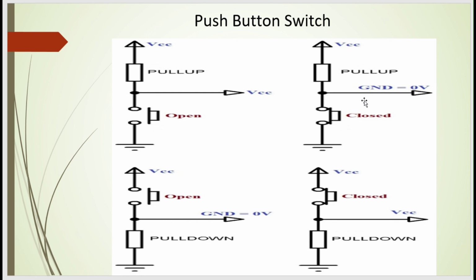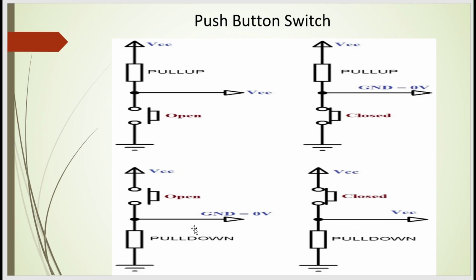Another configuration of the pull up push button is in its closed condition. When it is in closed condition, the output is 0 as the ground is connected here. The next configuration is pull down.